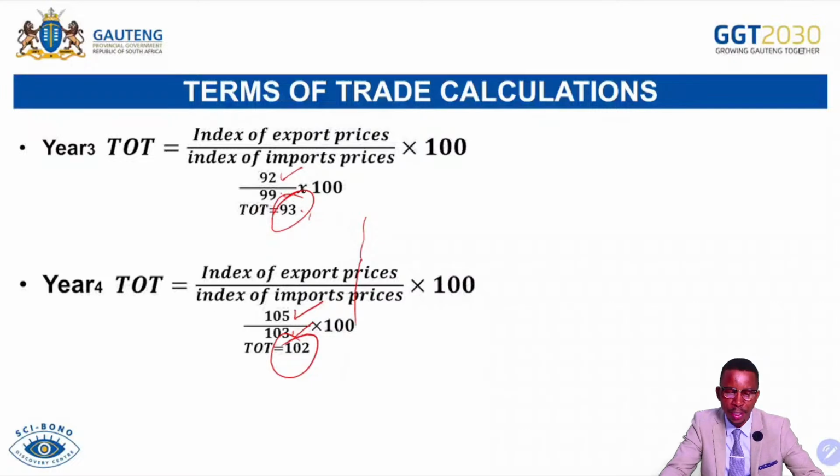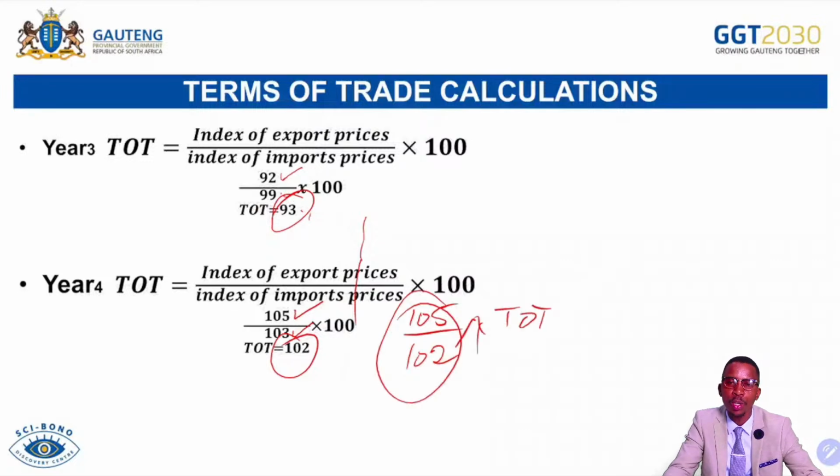So in this situation, our TOTs are increasing because export prices were higher than import prices. This increases our TOT. So it is very important for you to know that as our export prices are increasing more than import prices, terms of trade increase. But if import prices increase more than export prices, terms of trade will decrease.